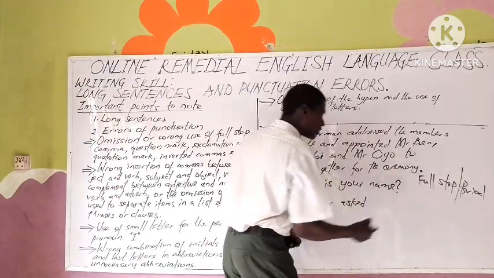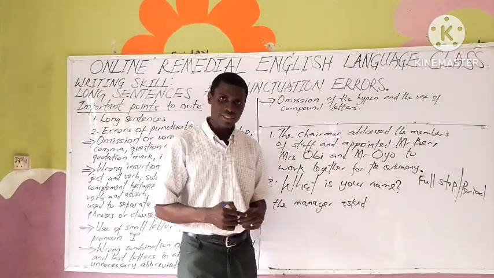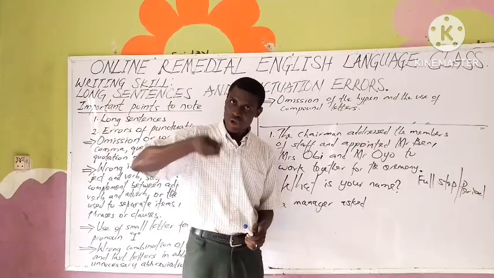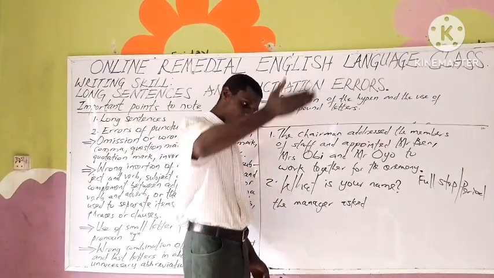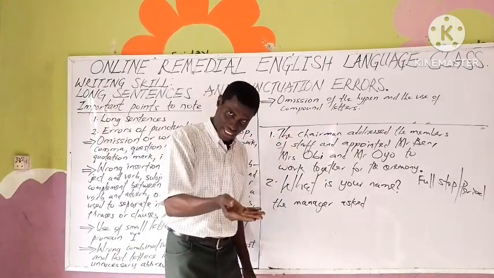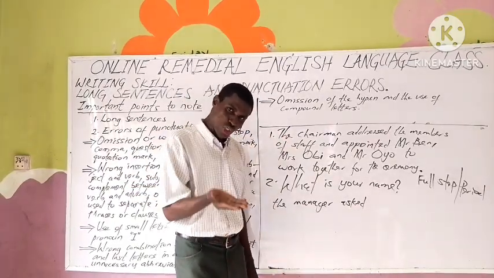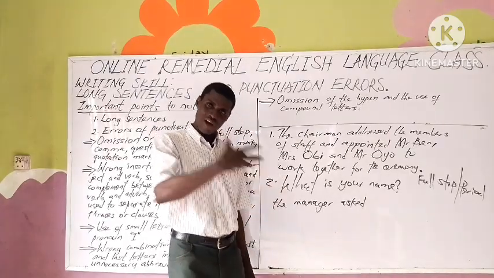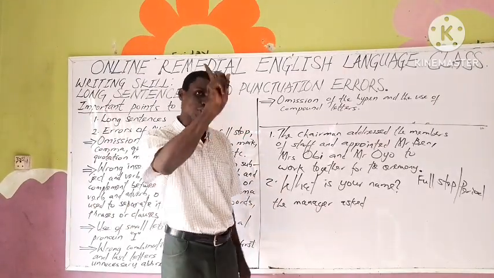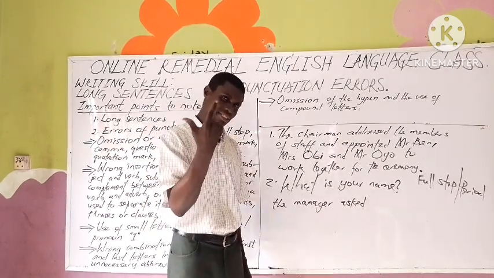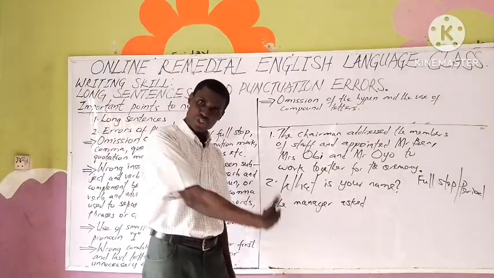Then you come across a sentence that is containing a question. And when you come to that point, if you are reading it, if you are saying it, you are going to pause. So you go back to the sentence and find out what is the function of that sentence. It is the function that will now indicate the punctuation mark that you're supposed to use.